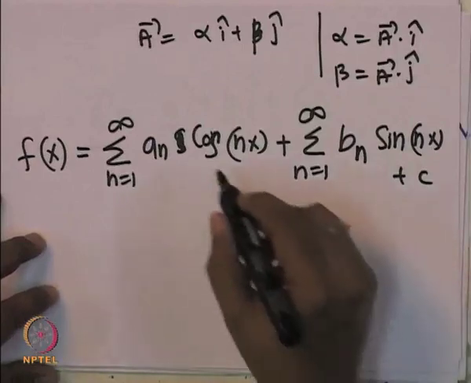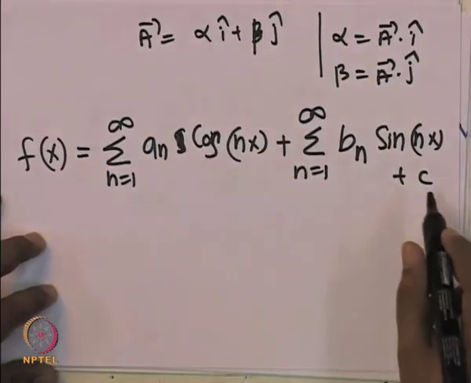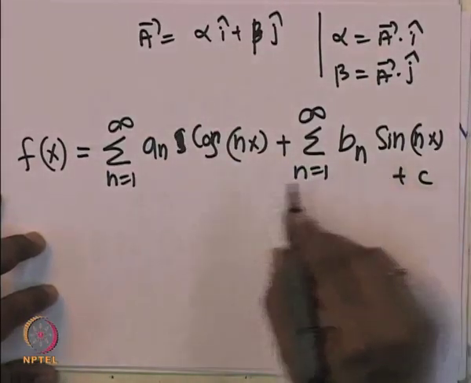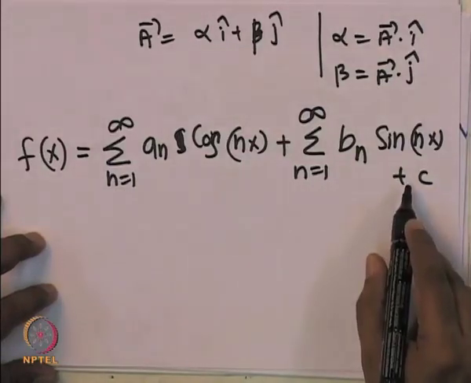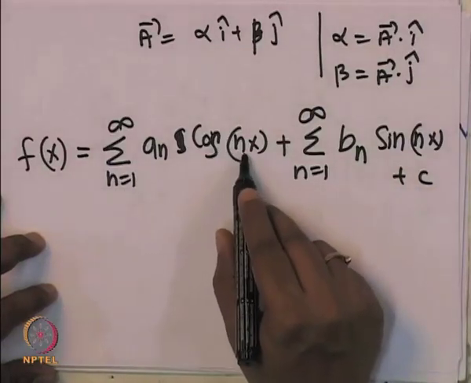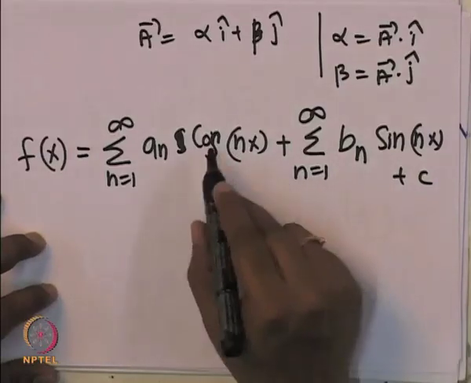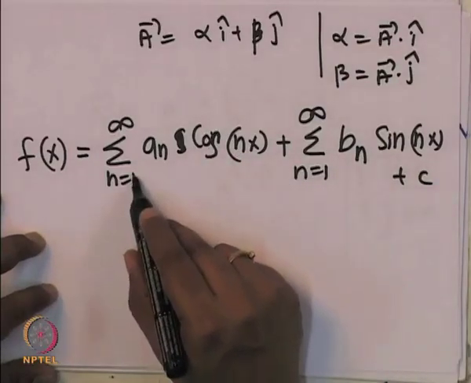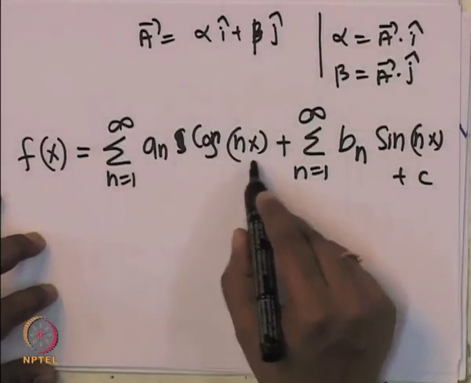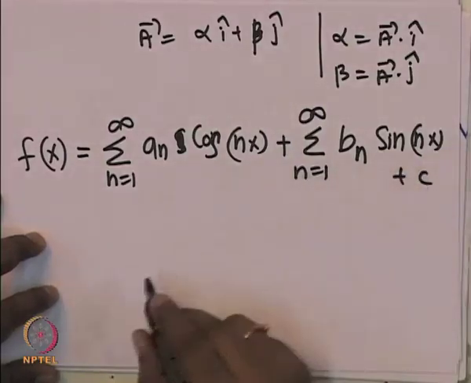In fact, if you wish, this c can be written here itself, from 0 to infinity. So it will be a 0 here, but it does not matter. Let me write it like this.